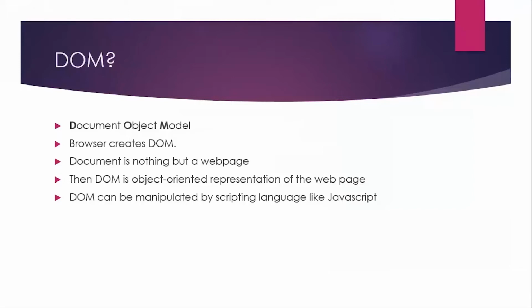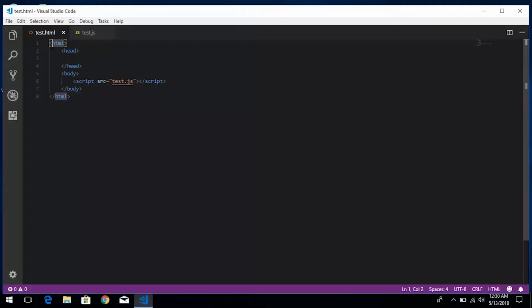And by this DOM we can manipulate the HTML files, HTML tags, HTML properties, CSS styles using JavaScript. So we can say this is the document, and the root element is HTML, and the root element has two elements, that's head element and body element, right?